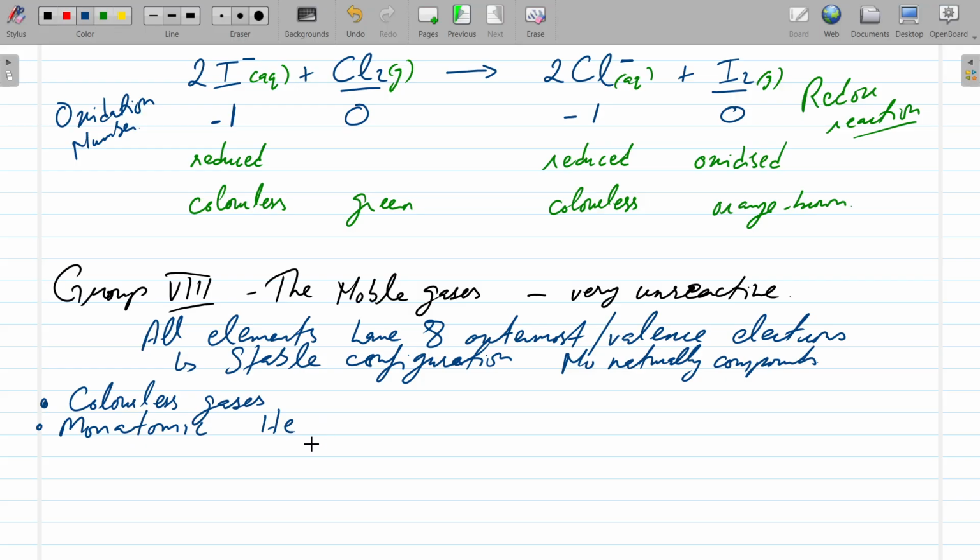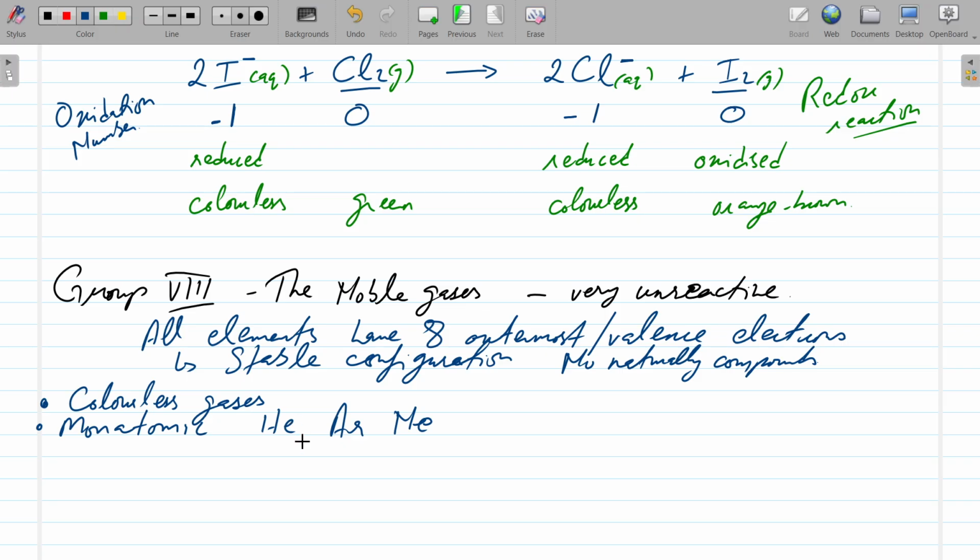Did you say that they're diatomic? The halogens are diatomic. The noble gases are monatomic. So you've got helium or argon or neon, or any of these, and that's how they are.